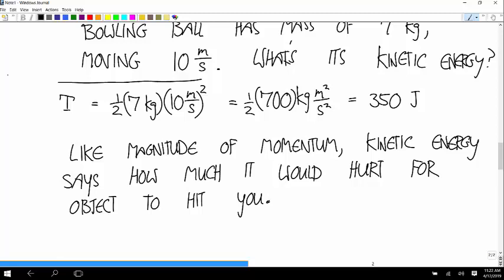A feather moving at 20 miles per hour has less kinetic energy than a car moving at 1 mile per hour. And so it would hurt more to get hit by the car.